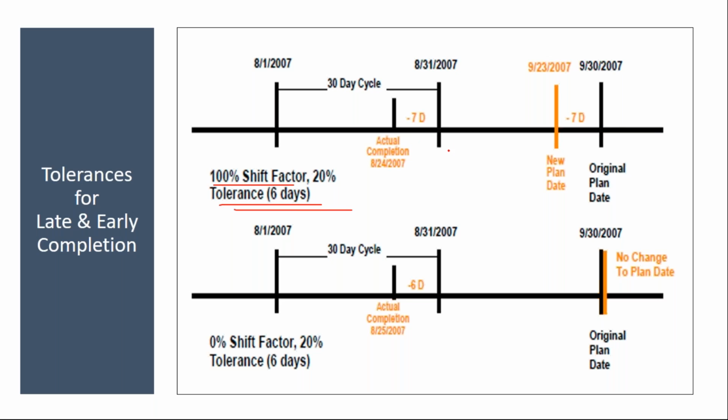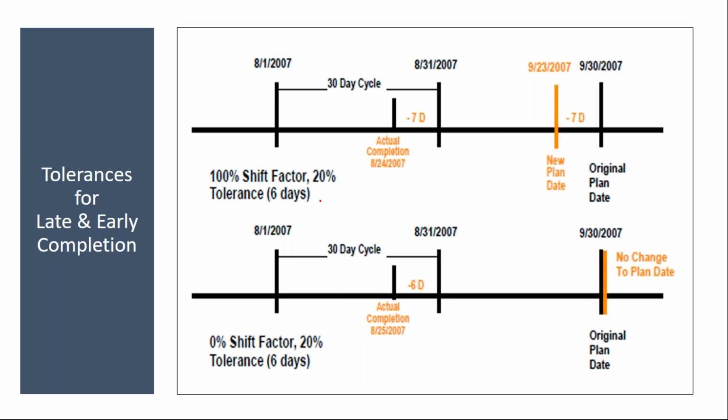So if it is completed earlier by 1 day, 2 days, 3 days, 4, 5, up to 6 days, there will not be any change in the new date. But if it is completed earlier by more than 6 days, let's say 7 days, then the next order also will get shifted. That is a tolerance.